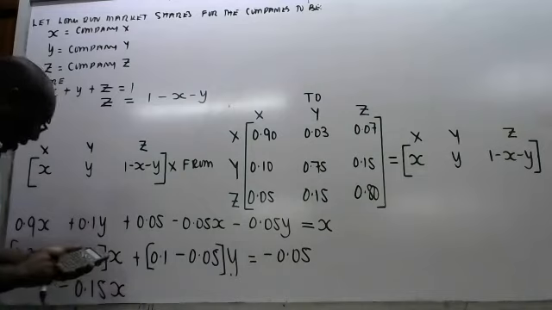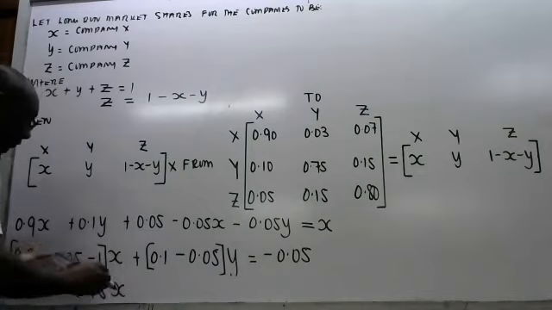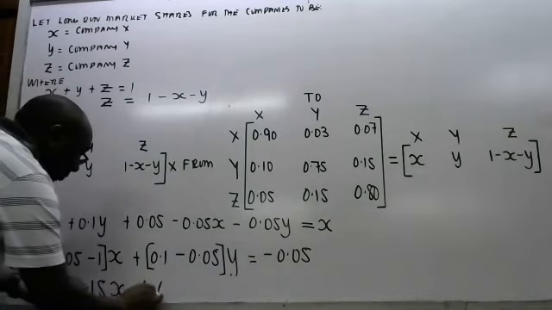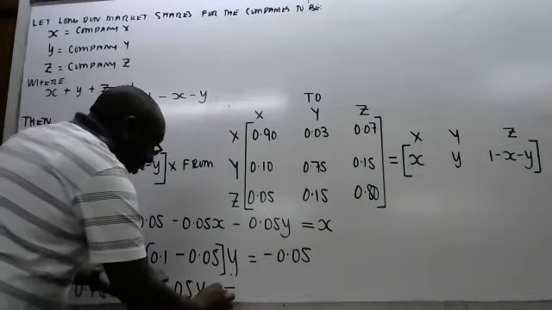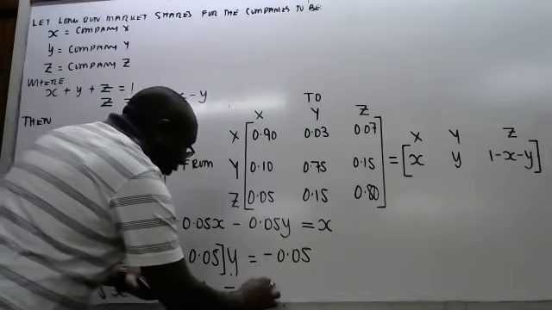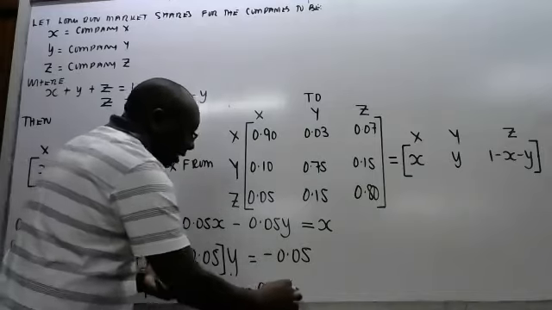Then 0.1 minus 0.05 is 0.05y, which is equal to minus 0.05.